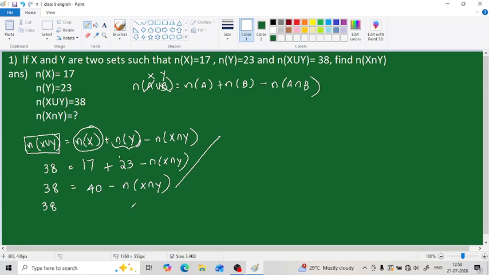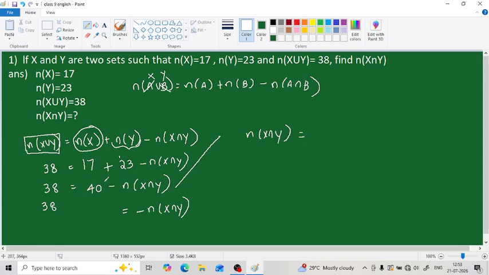Here we have minus n of x intersection y, so we will get minus n of x intersection y equals, and the remaining terms from this side have to be moved to the other side.